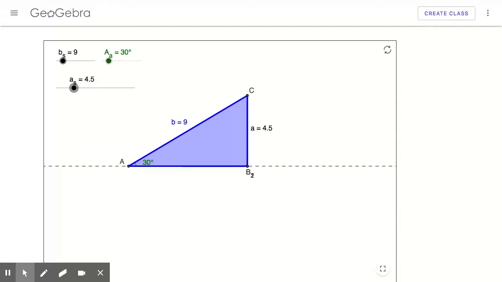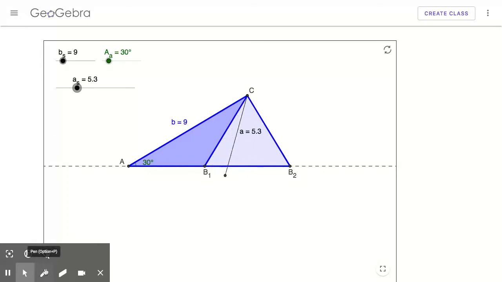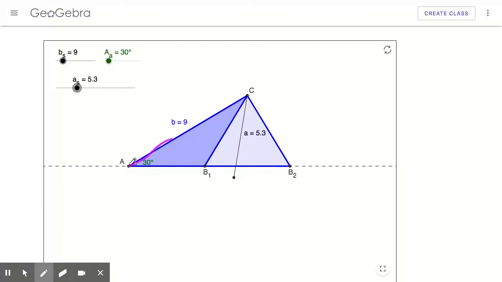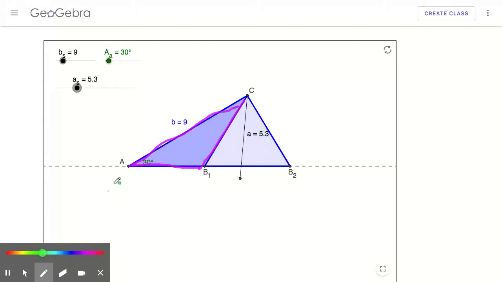All right, case 3. If I make it just a hair longer, you'll see now I have 2 possible triangles. My first possible triangle is this one right here. I'm drawing with my mouse, on my touchpad, so it's not really perfect, but you see we have 1 triangle, and I'll choose another color here.